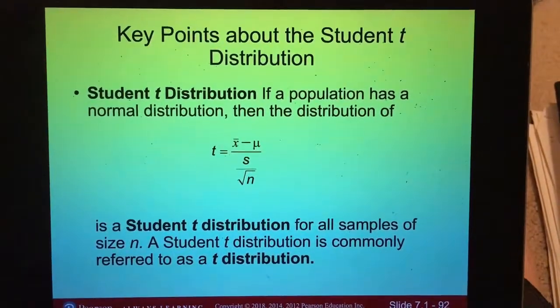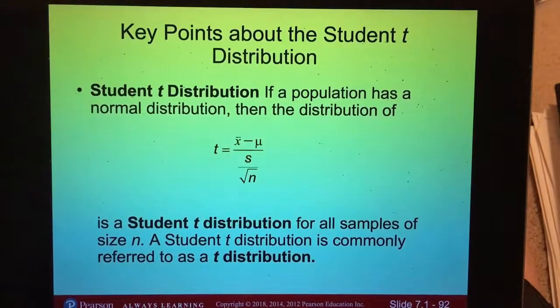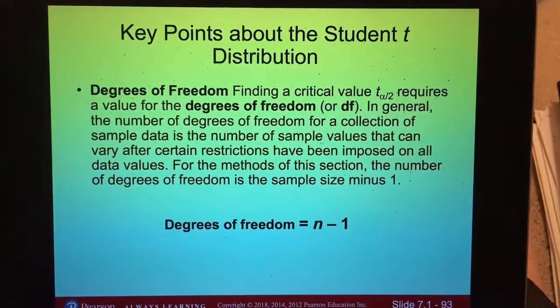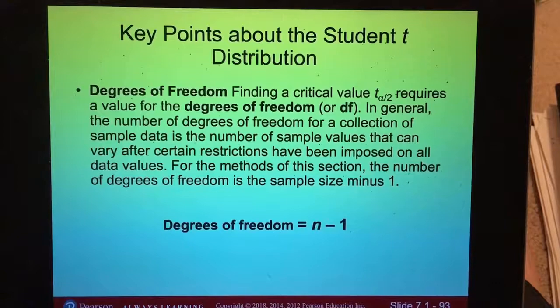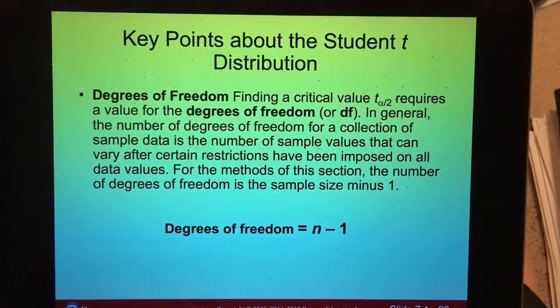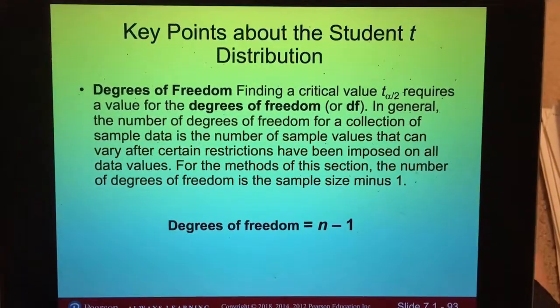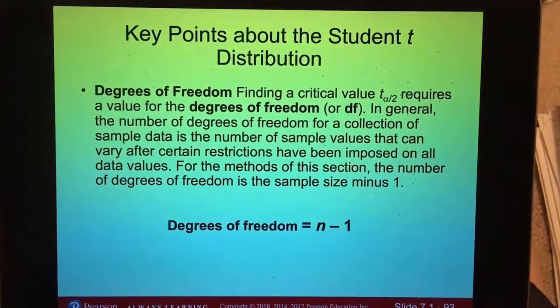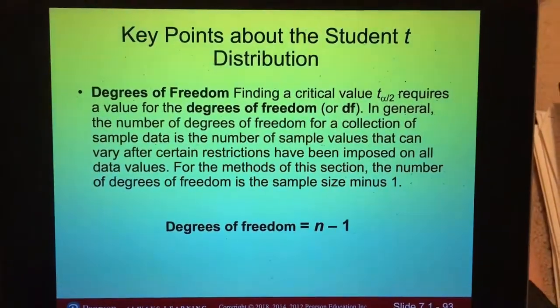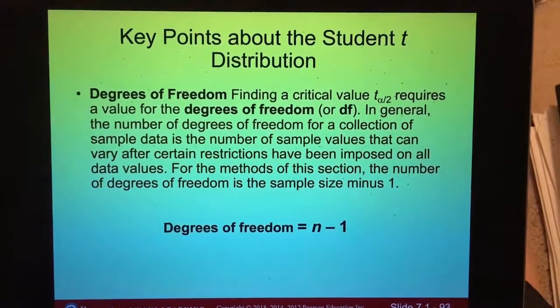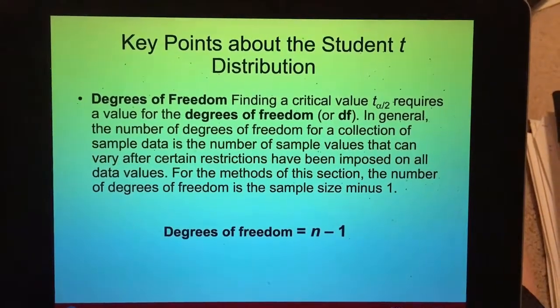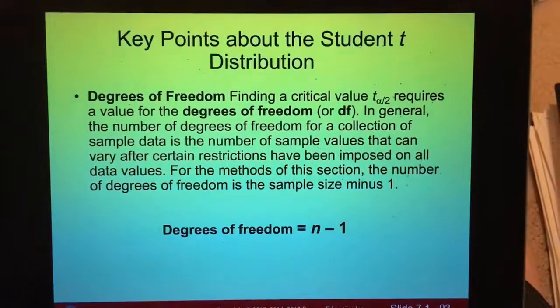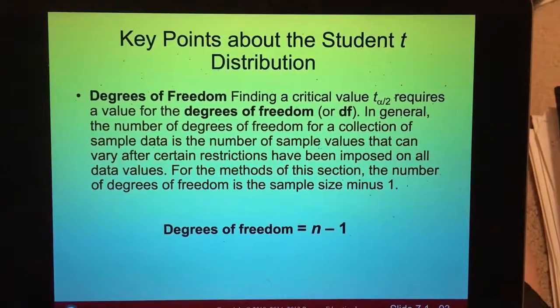Okay, so here is the formula for the student t-distribution, and we have degrees of freedom in the student t. That's something that's different. Now, I don't expect you to know all of the ins and outs. I expect you to be able to use the student t-distribution. The big thing that I want you to understand is the big points.